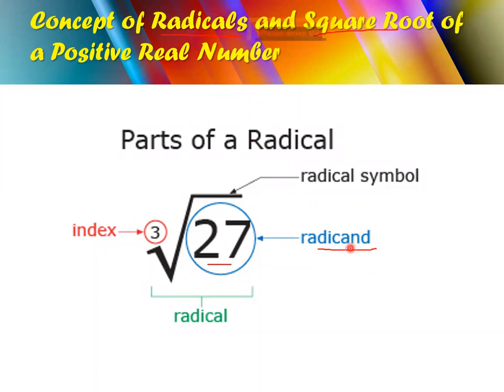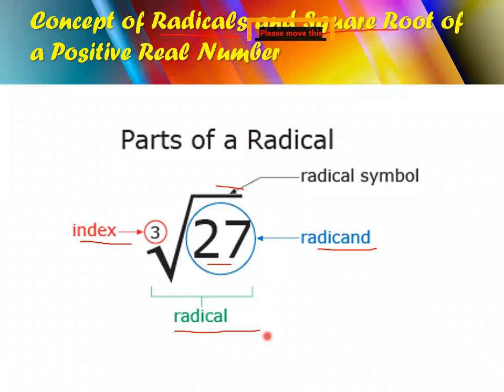Okay, this is the radicand. And then here you have the small thing that is written with this radical symbol, this is called the index. And this whole thing, index, radical symbol, and radicand, this whole thing is basically called a radical.